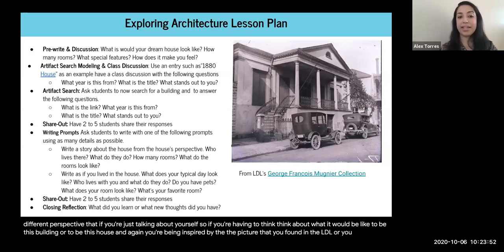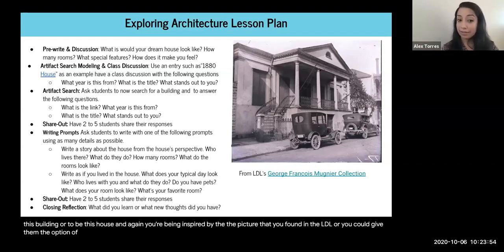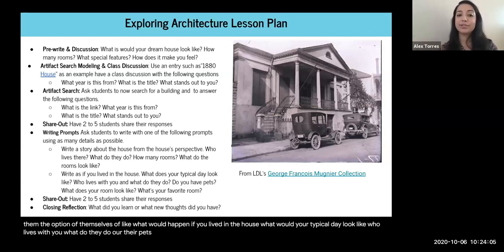Or you could give them the option of themselves: what would happen if you lived in the house? What would your typical day look like? Who lives with you? What do they do? Are there pets? What does the room look like? What's your favorite room, right?